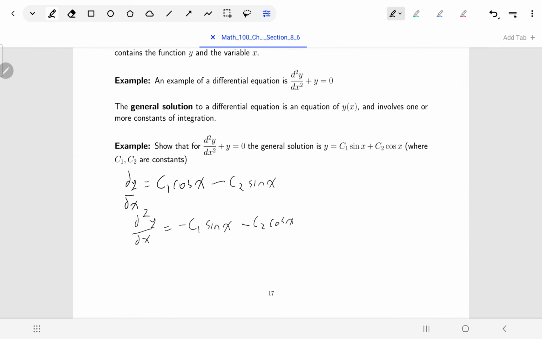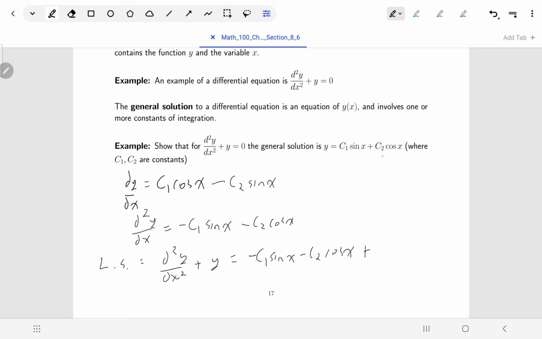And now I can confirm that this function y is the solution for the equation, because if I go to my equation and look at the left side, I have second derivative plus the original function. The second derivative, that's minus c1 sine x minus c2 cos x.